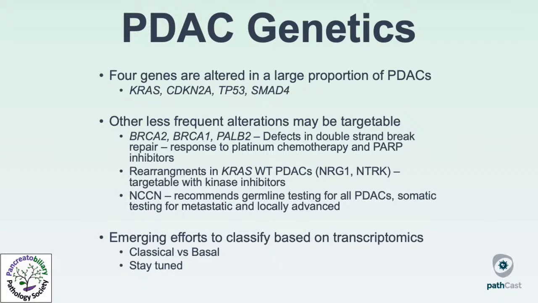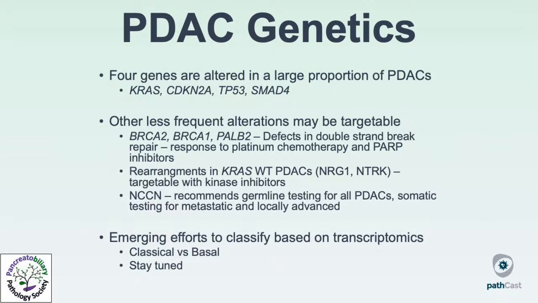I want to just briefly touch on the attempts to classify PDACs based on transcriptomics. There have been a lot of papers on this. In the more basic science literature, a lot of different classification schemes have been proposed, and it's all been kind of distilled down into two groups: one that is more classical or epithelial, and another that's more basal or mesenchymal or squamous.